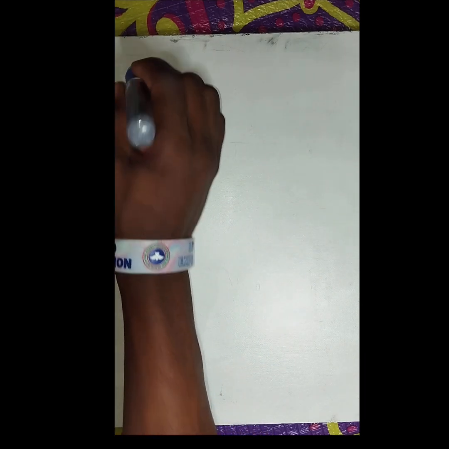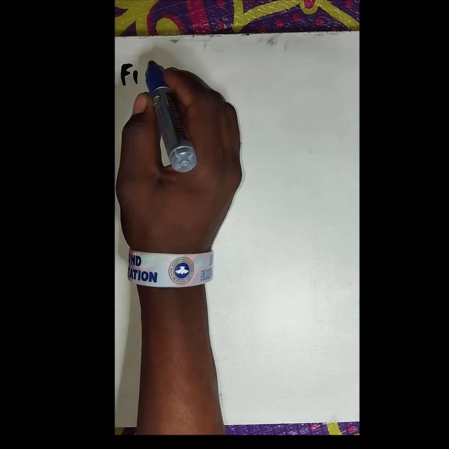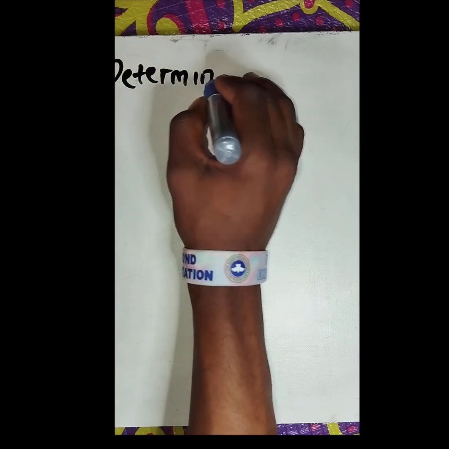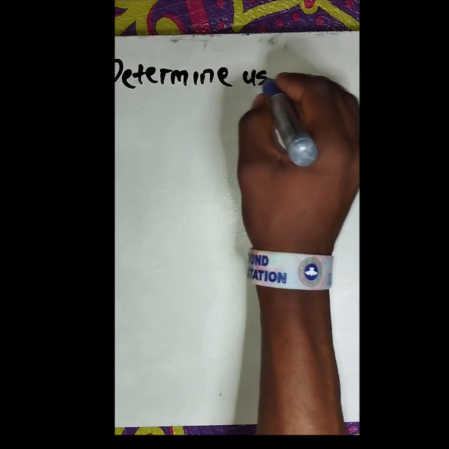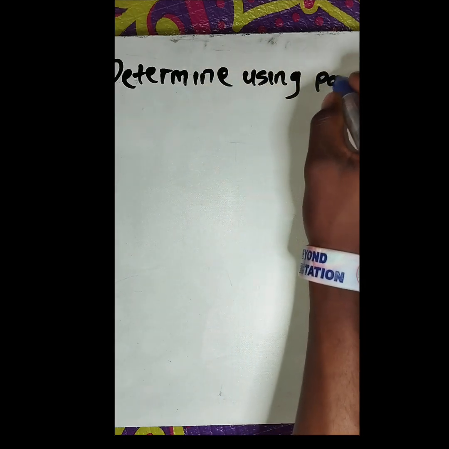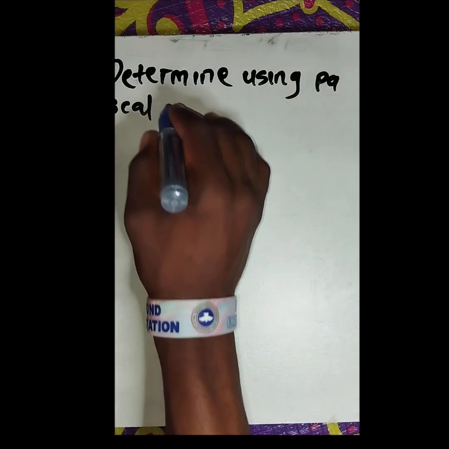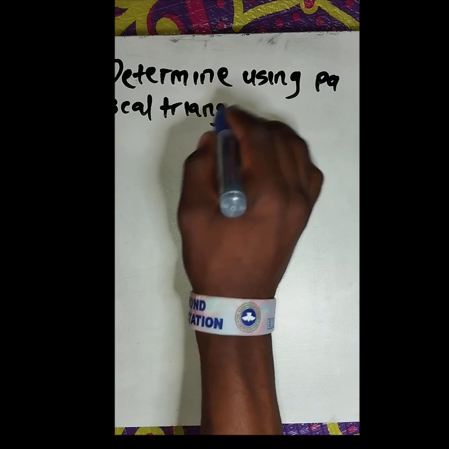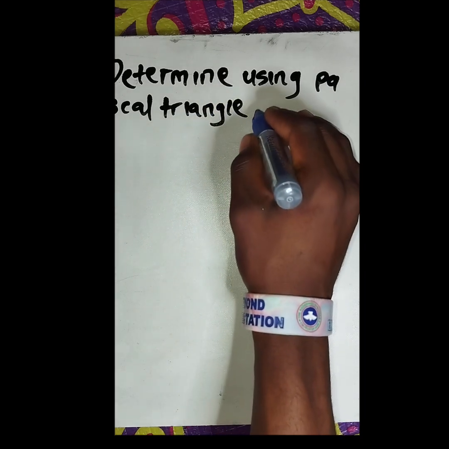All right, let's see this sample together. It says determine, using Pascal's triangle method, the expansion of 2p minus 3q raised to the power of 5.